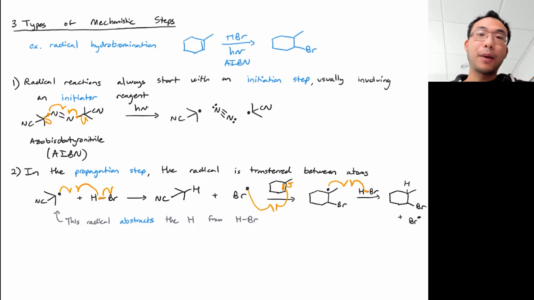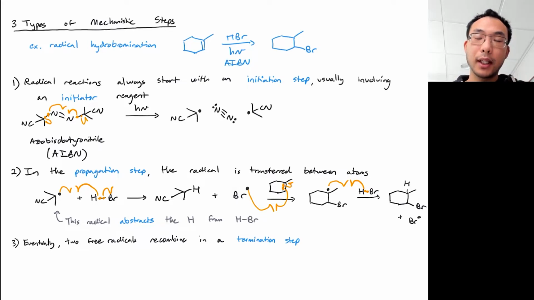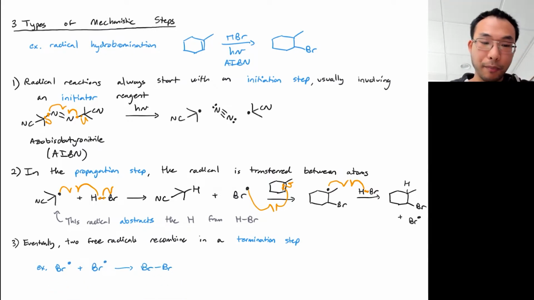These abstractions or propagations will go on for many different cycles, until eventually they will encounter what's called a termination step. In a termination step, what happens is we go from having a free radical to not having a free radical. So this could happen, for example, like so.